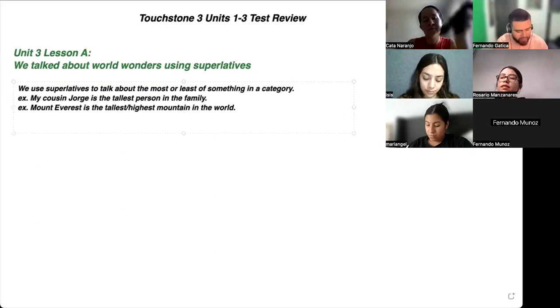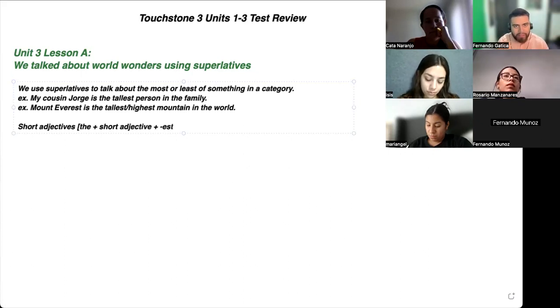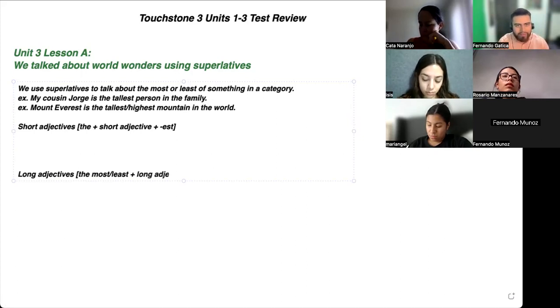And remember this, for short adjectives, you're going to use the plus the short adjective and est. And for long adjectives, you're going to use the most or the least plus the long adjective.